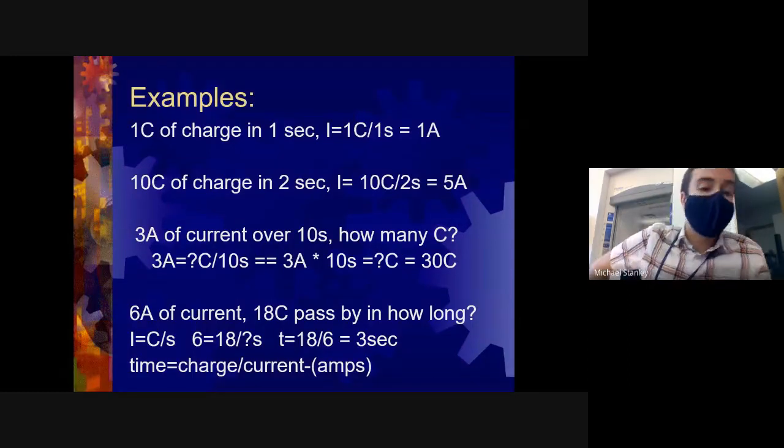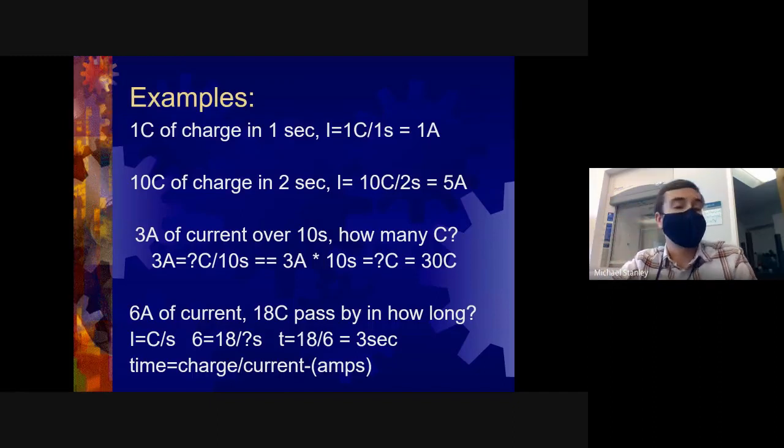Most of the homework questions about this are the more straightforward variety, where you have the charge and you have the seconds, and I just want you to figure out how much current we got going on. So that is the basic measurement of current: how much charge is passing through a certain point on your wire each second.